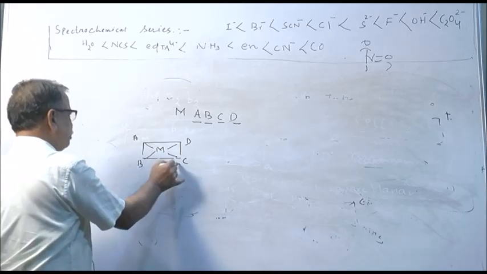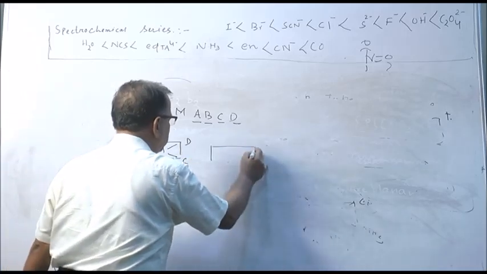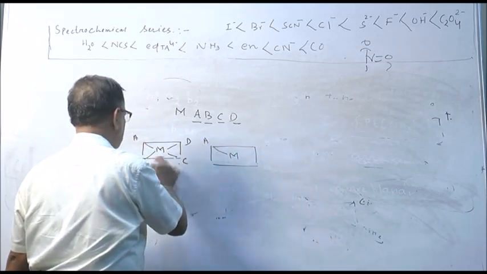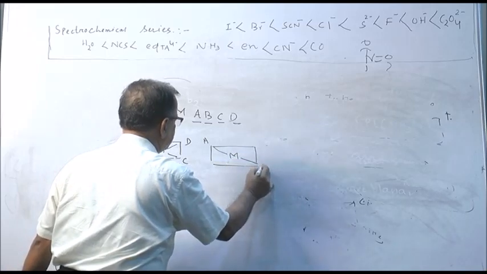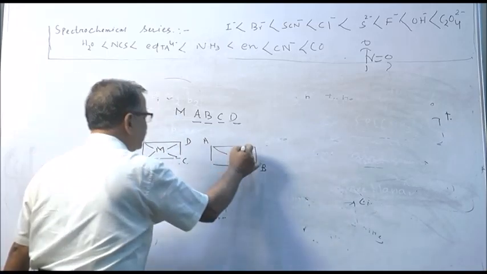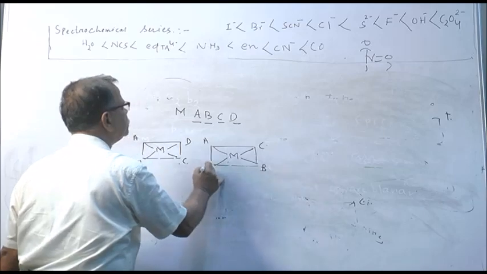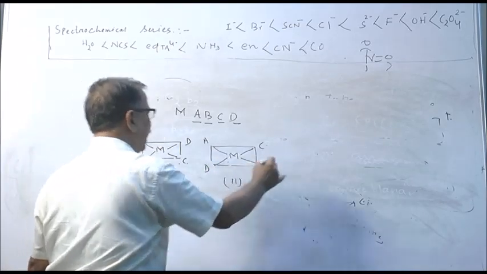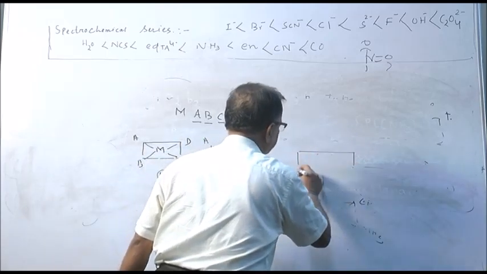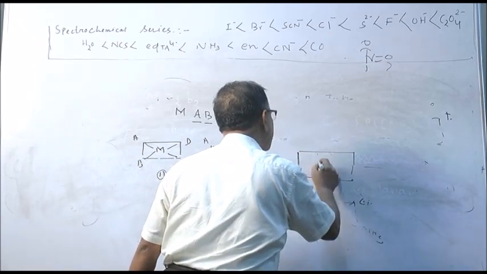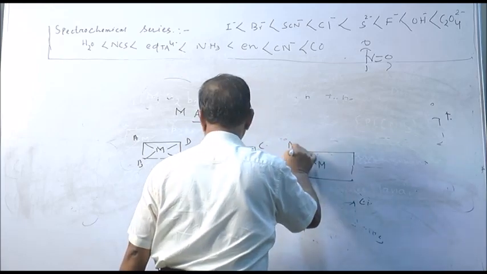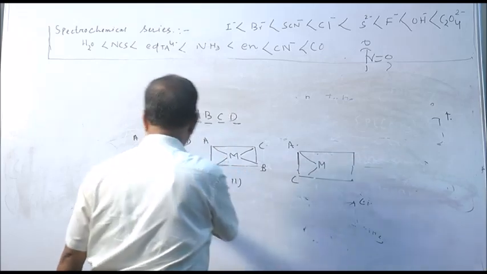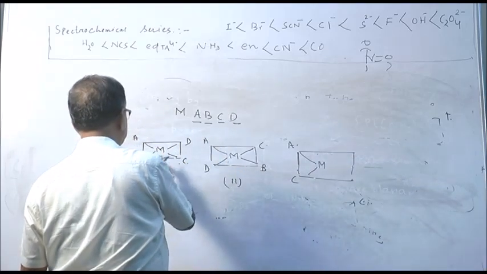Keeping A constant, we can write another form also, M, A, would take here B. B comes here, C, D. One form, second form. Also, again, now we can get M, A, B, and C comes to this place.